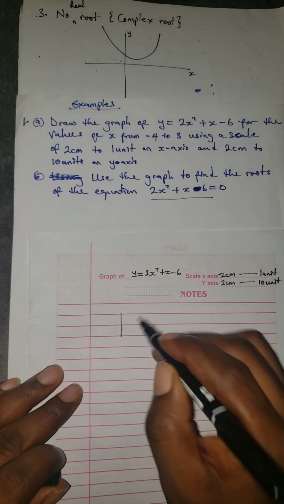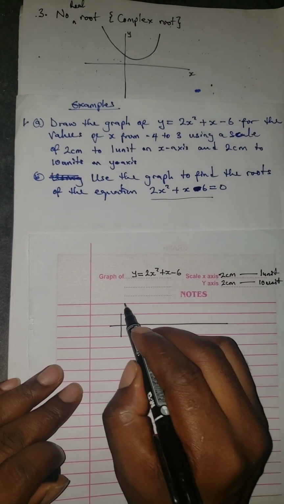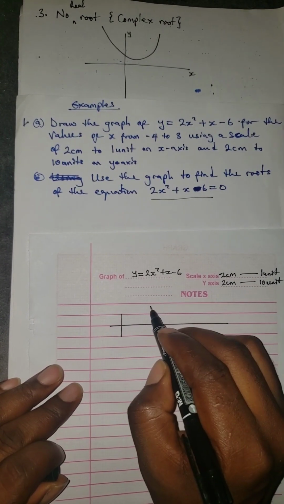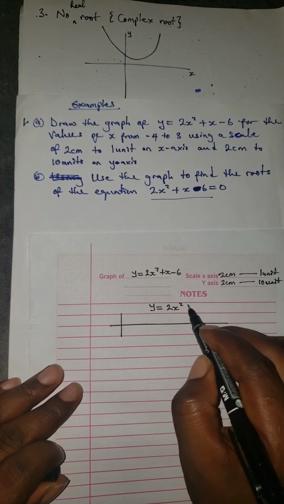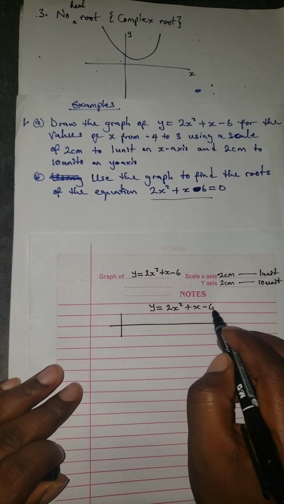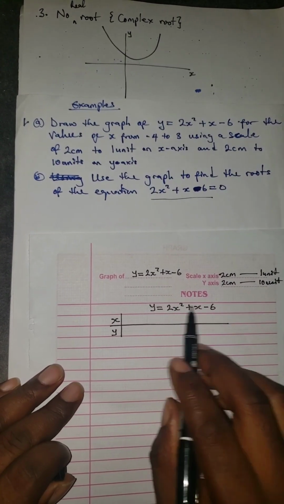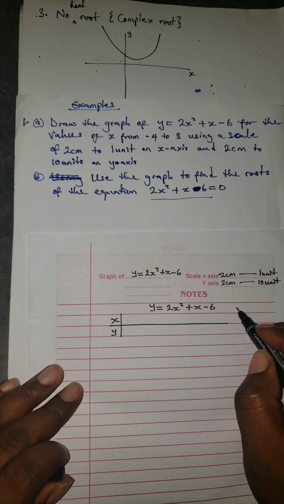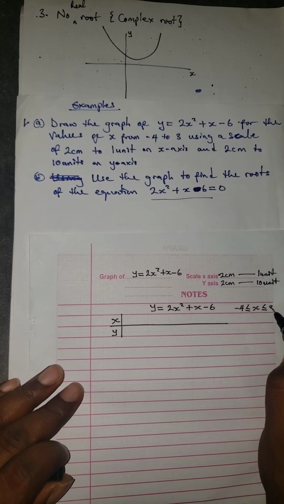The table of values is a very simple thing to do. You draw your table. Let me write the equation again here. So here is x and here is y. The range is from -4 less than or equal to s less than or equal to 3.